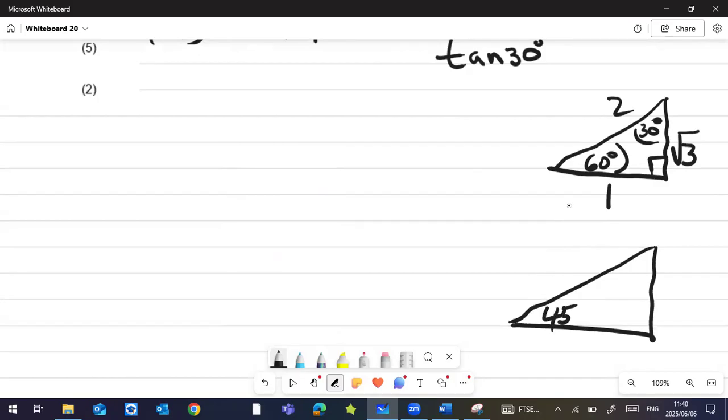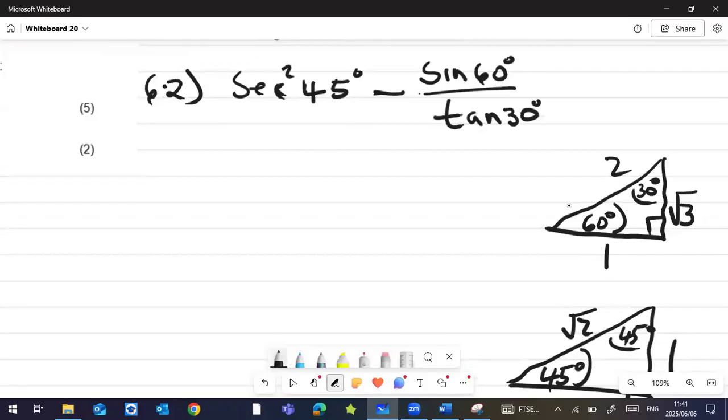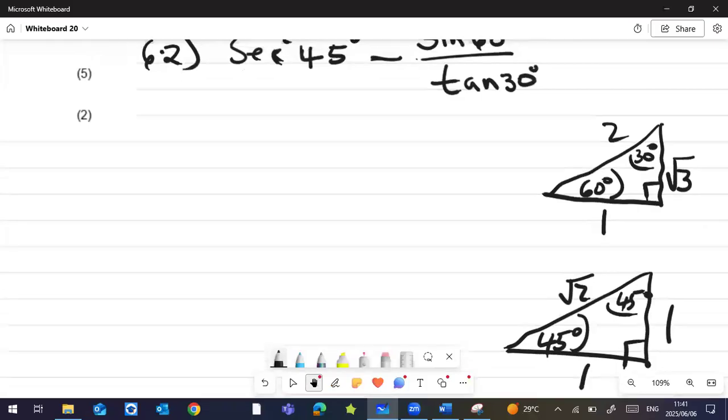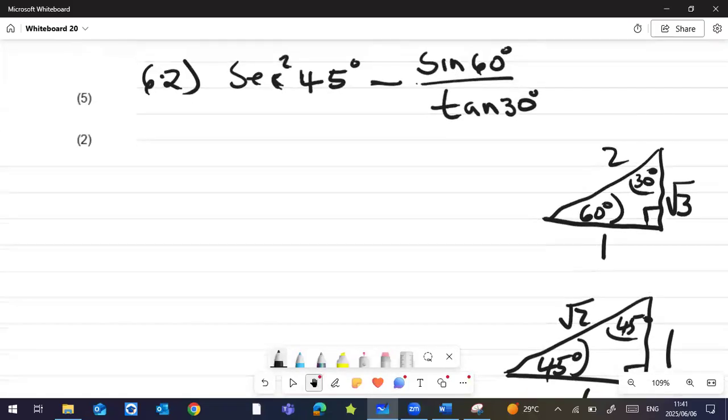Here is 45, 45, 90, then 1, 1. Then we have square root 2 here. Now, let's look at our first ratio, secant squared of 45. Go to the triangle of 45. Remember, secant is the reciprocal of cos.